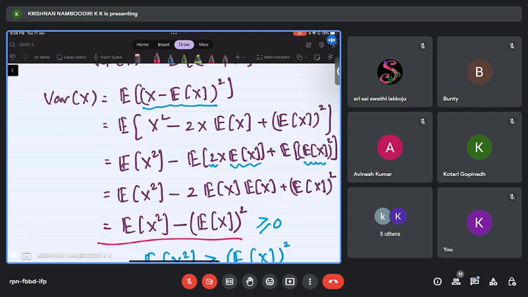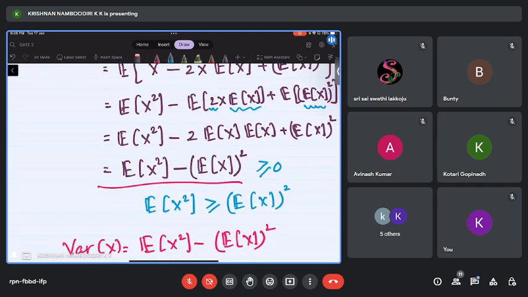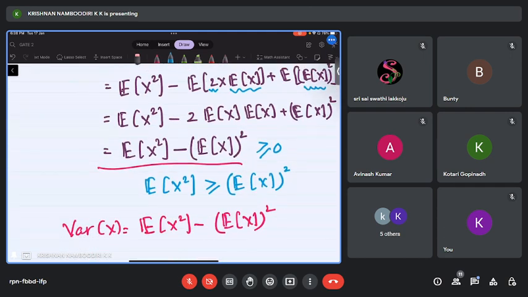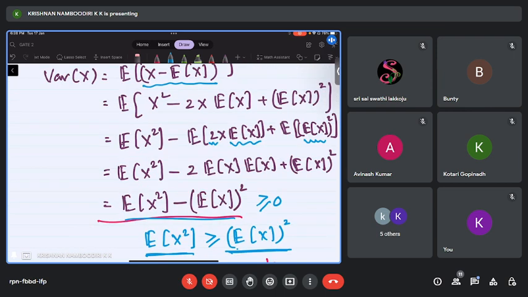So now I have one small question. At what condition will these two become equal, or in other words, for which random variable are these two the same? These two are the same means this difference is equal to 0, or in other words, variance equal to 0.